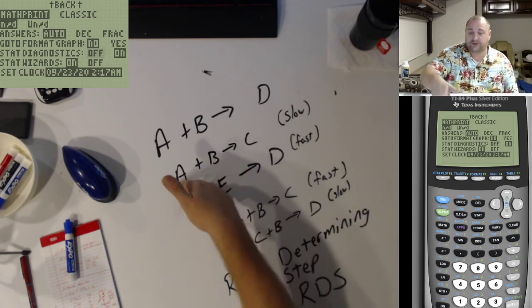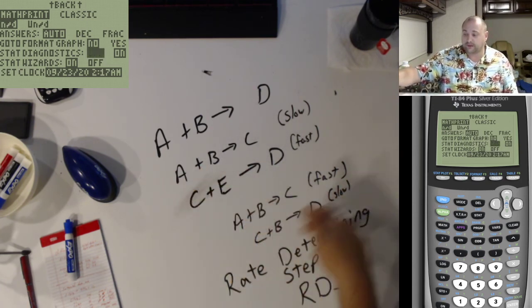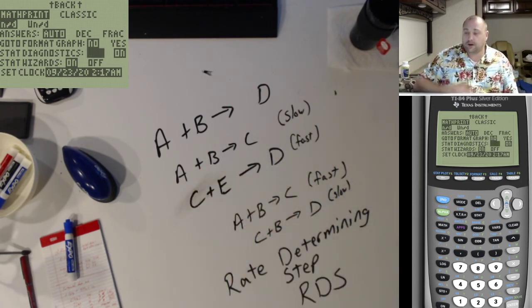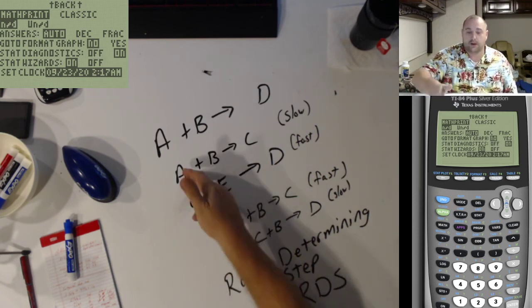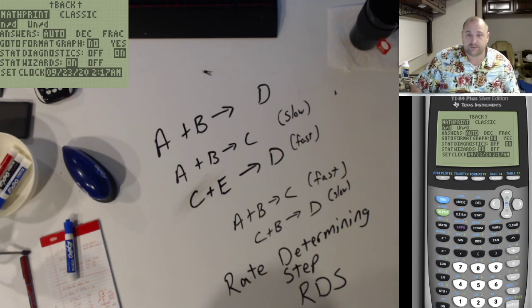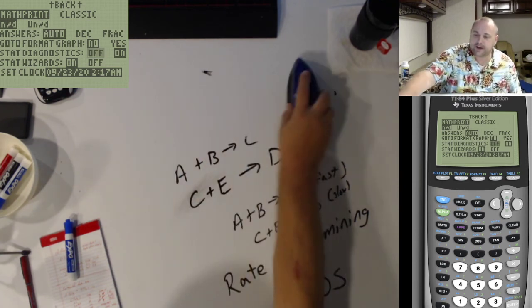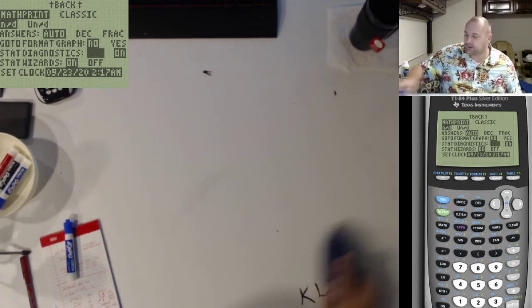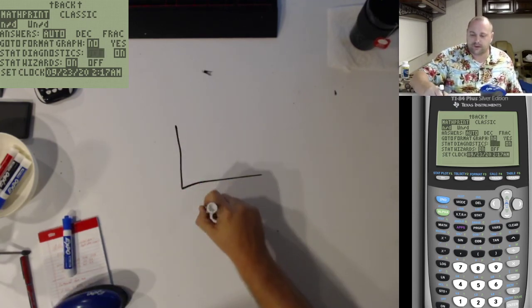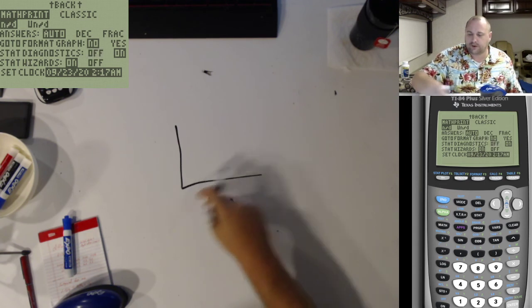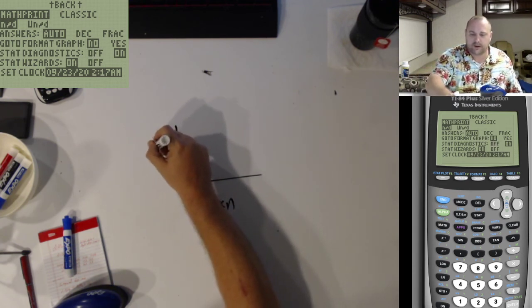And so, for instance, if A had no effect on our overall reaction, then I know it's not this first mechanism. Okay. And this is actually one of the things that we talked about with catalysts. Here's our reaction, so you've got your starting material, your products, and here's our energy.